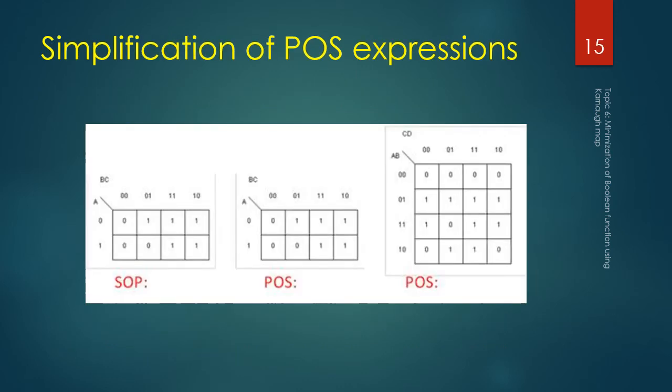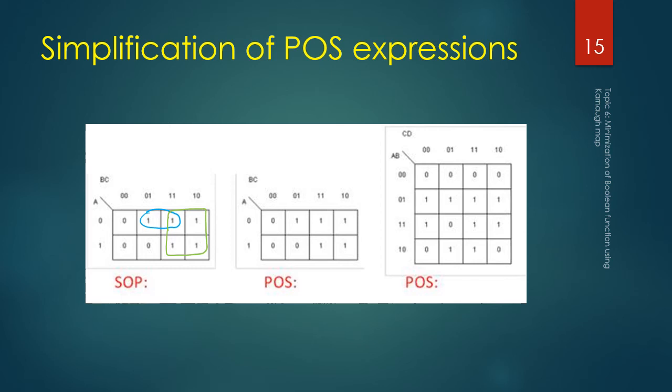Okay, here is also an example to show you how the previous slide works in a real problem. But first, let's try to solve this 3-variable question using SOP. If we want to generate the SOP expression, we can make a group of 2 and another group of 4.